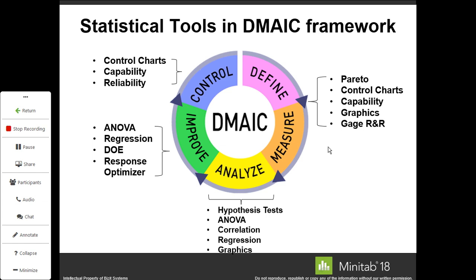Then you can go for control chart, also capability, and also graphs, and do the gauge R&R. For the analyze stage, maybe you can use hypothesis testing, ANOVA, and correlation. For the improve stage, maybe you want to do DOE, design of experiment. And for the control stage, maybe using control chart, capability, and then reliability.